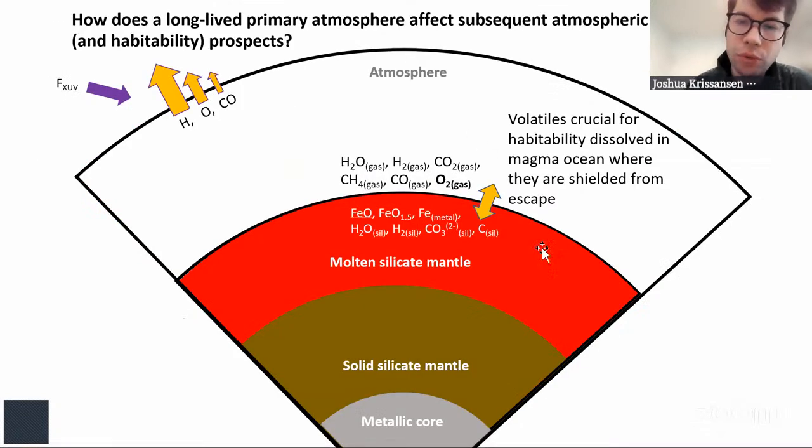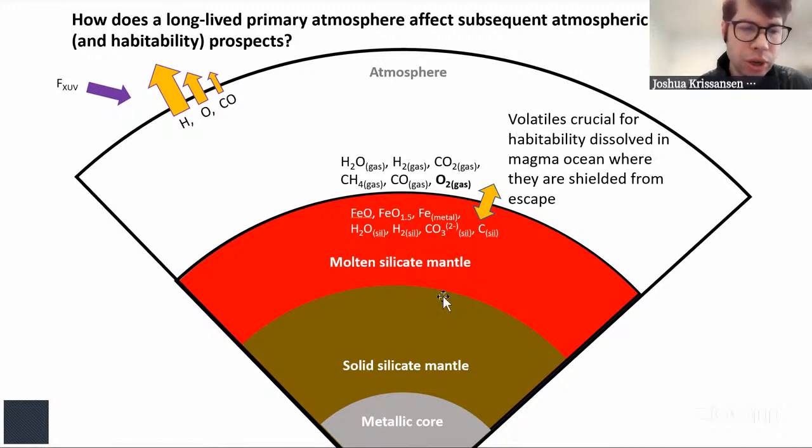But of course, if you have a substantial atmosphere, the planet is very, very hot, and so you have a molten magma ocean where you can dissolve volatiles into the interior, potentially shielding them from atmospheric escape. And so we calculate how hydrogen, carbon, oxygen-bearing species are partitioned between the molten interior and the atmosphere.